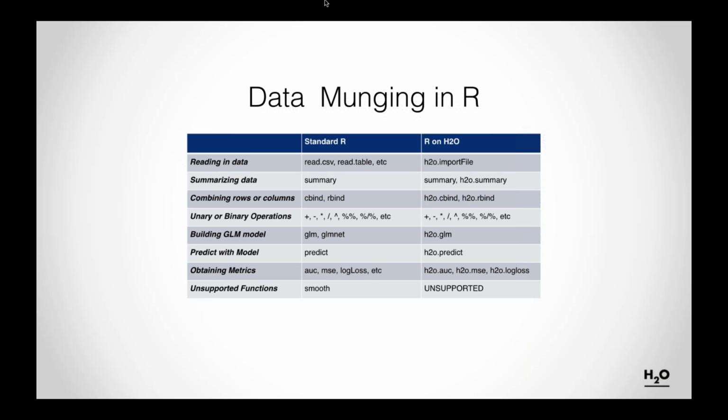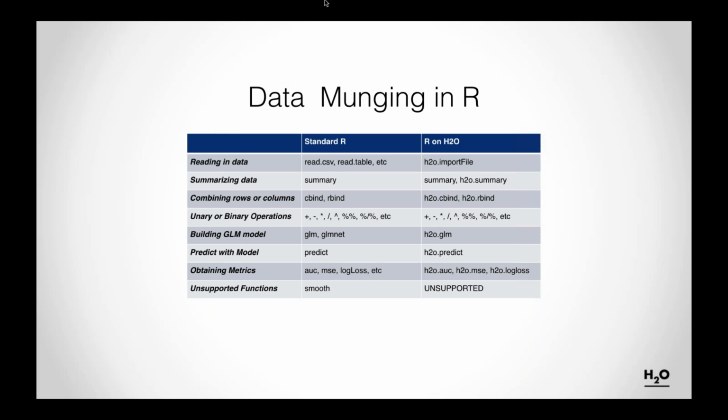Unary and binary operations are also overloaded, so we'll detect whether it's a data frame or an H2O frame and use the appropriate method. And for the algorithms, instead of glm or glmnet, you have h2o.glm. Instead of randomForest, you have h2o.randomForest. So these are analogous to a lot of the algorithms currently available in base R. Again, a lot of the functionalities are just prepended with h2o.